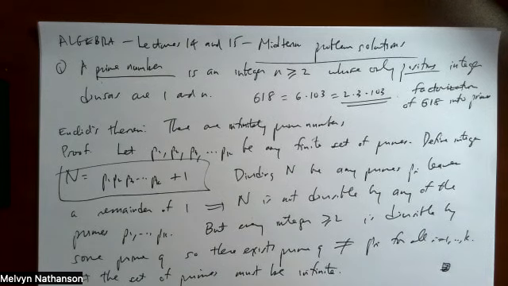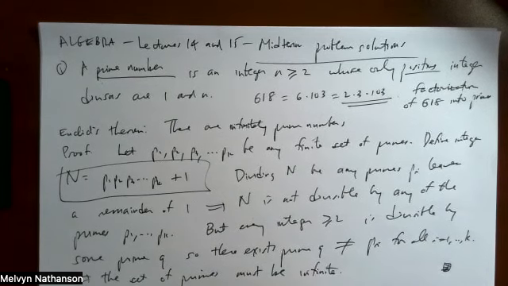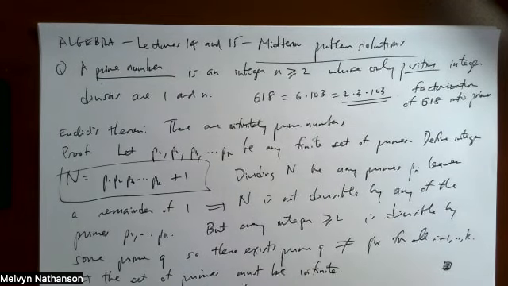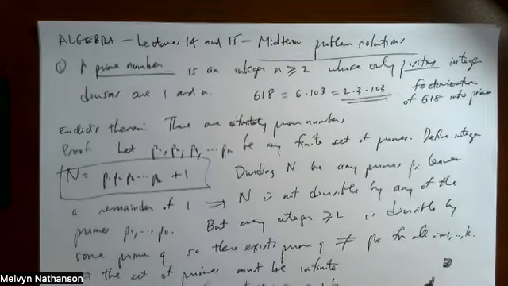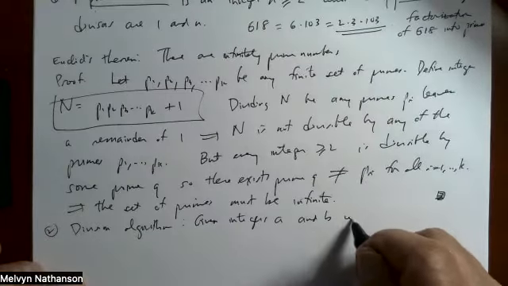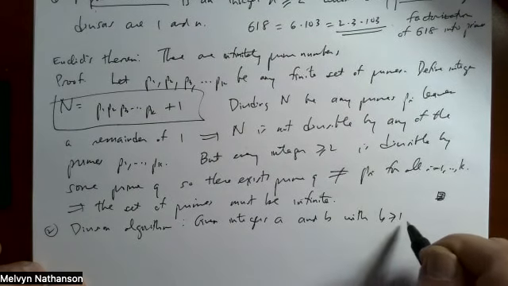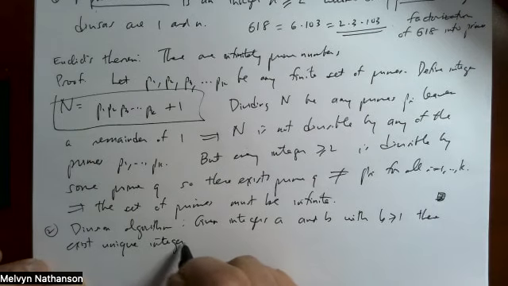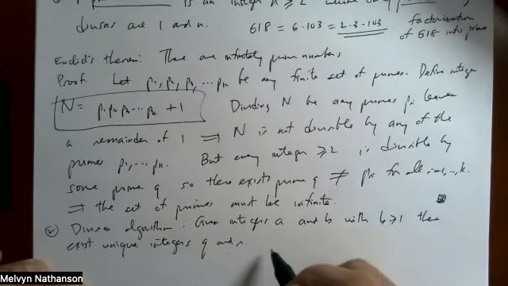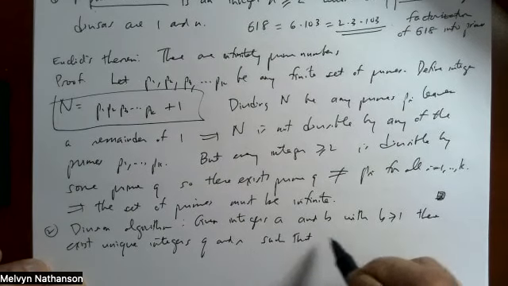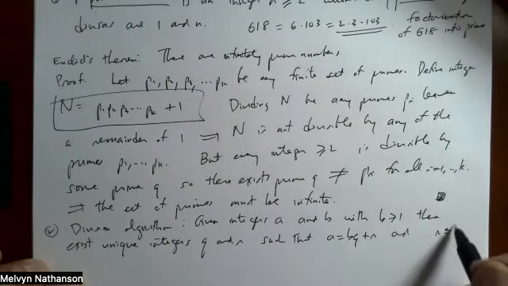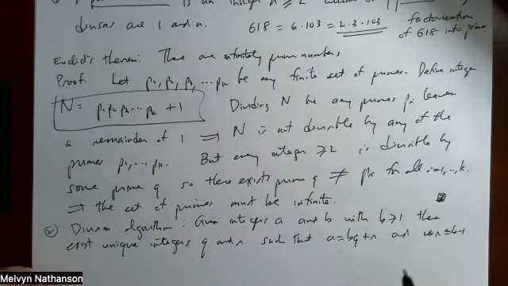Given integers a and b, with b at least 1, there exist unique integers q and r, such that a equals bq plus r, and this remainder r is at most b minus 1 and greater than or equal to 0.